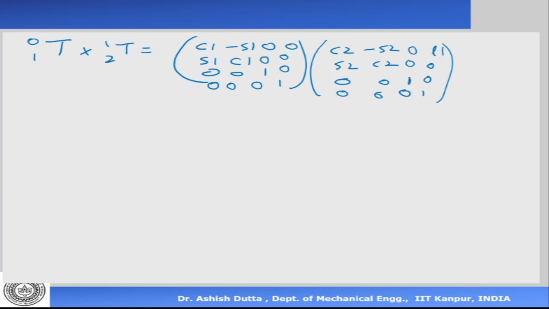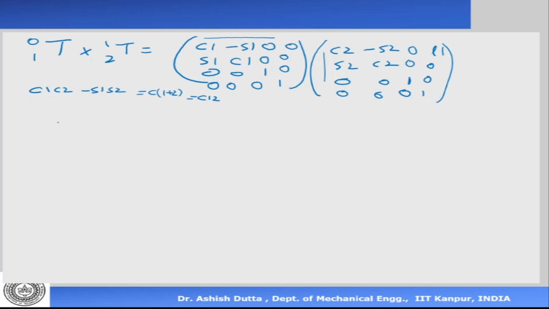If I multiply this into this, you can see it is cos 1 cos 2 minus sin 1 sin 2, which is equal to cos of theta 1 plus theta 2. I'm writing it short as cos 12.